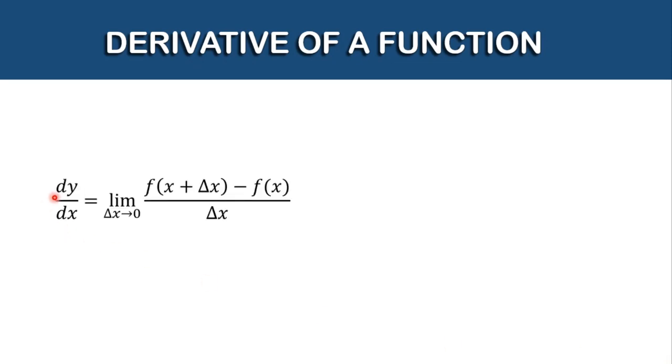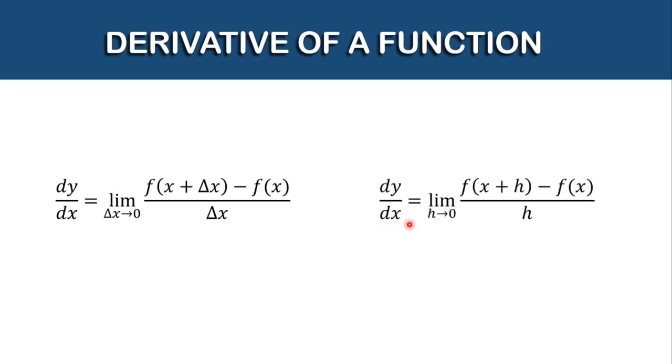So papaano natin kukuhanin ang derivative sa long method. May dalawang formulas ako dito na ipapakita. The first one is dy over dx is equal to the limit of f of x plus delta x minus the function f of x all over delta x as delta x approaches 0. The second one is this.